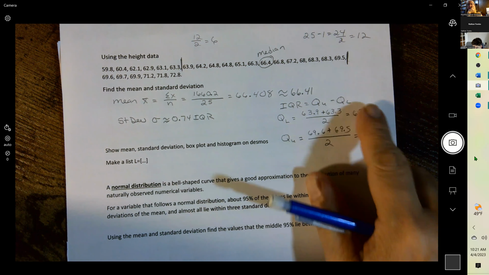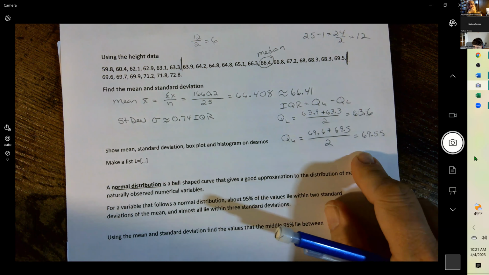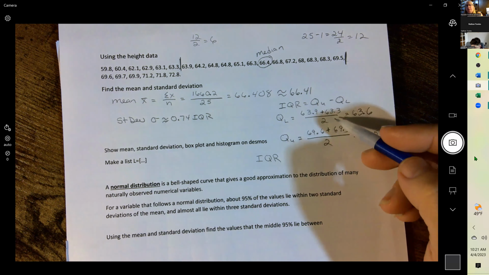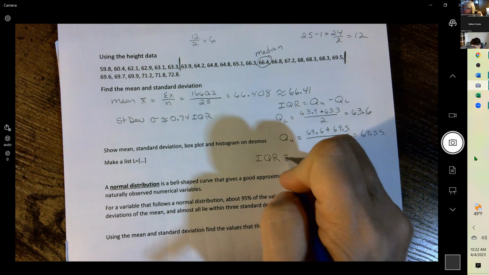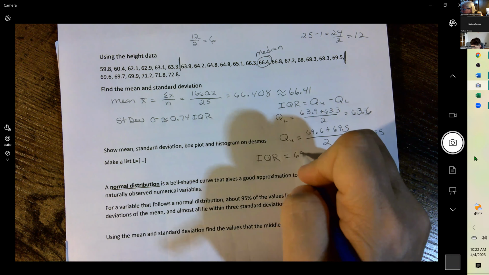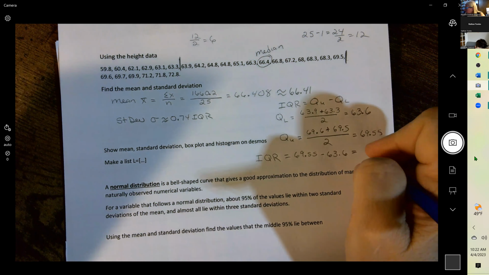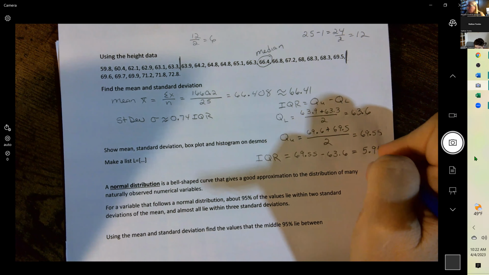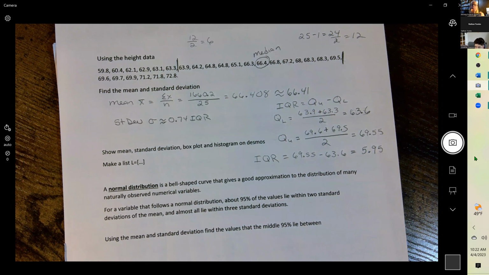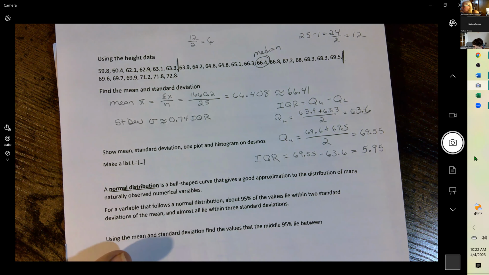So these are our 2 quartiles. We need to find the interquartile range by subtracting them. And we learned this part last class. Any questions? 5.9.